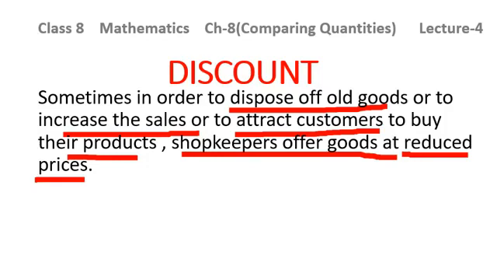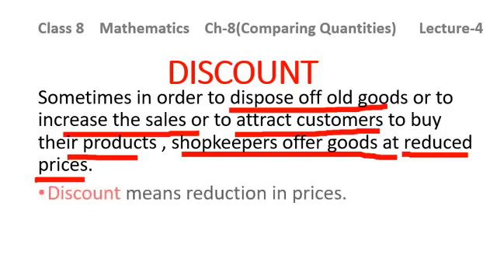These are all ways shopkeepers attract customers to buy their products. So they offer the goods at reduced prices, and discount means reduction in prices. Simple. This is a very simple word. You must have heard it in your daily life also, and you are all well aware of this word.